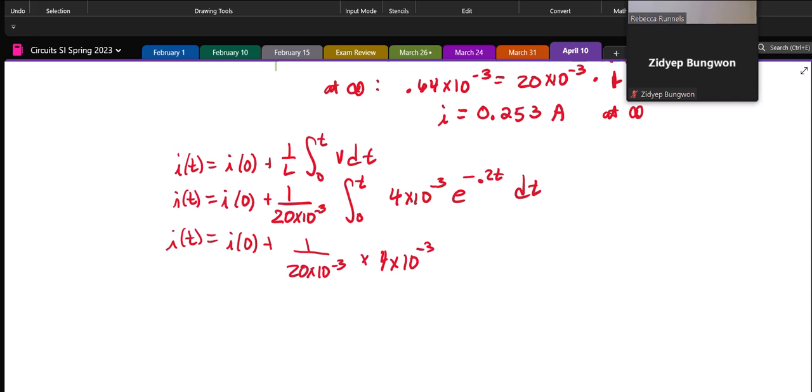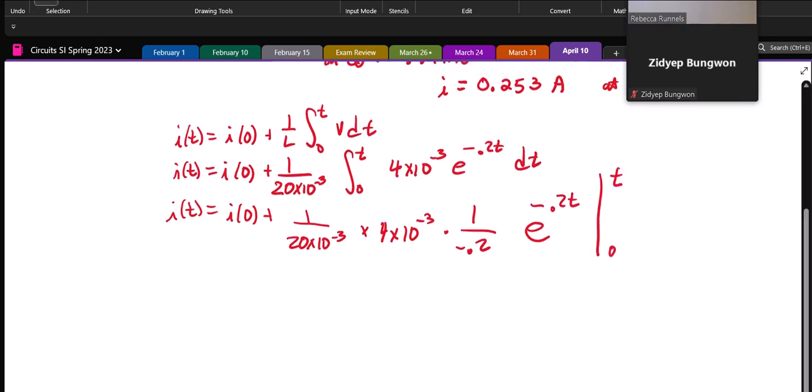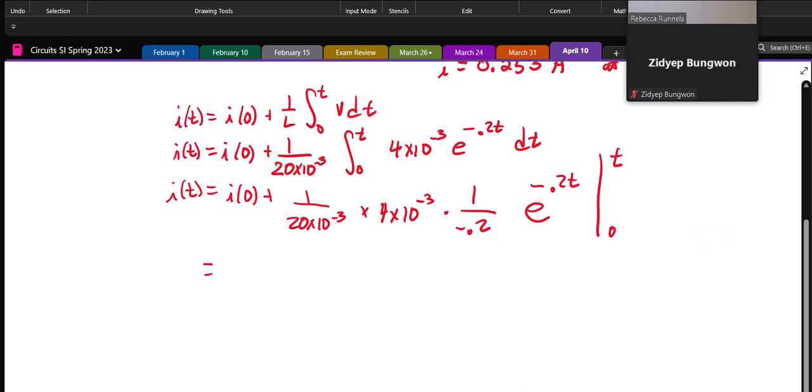And then when we integrate, we'll get times 1 over negative 0.2 from our e. And then we get e to the negative 0.2t from 0 to t. And that equals i of 0 plus, well, I think it's actually a minus. If you multiply all that together, I believe you get negative 1.